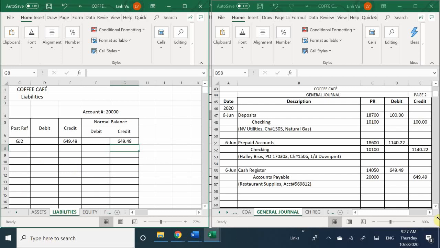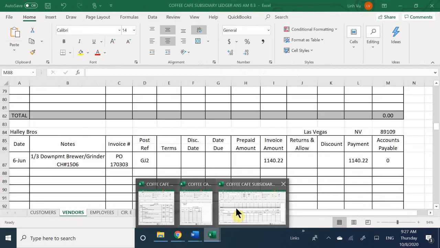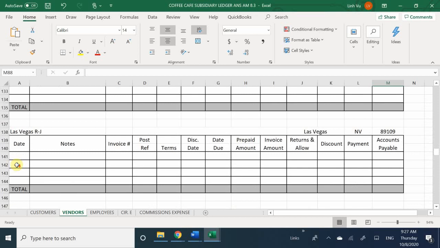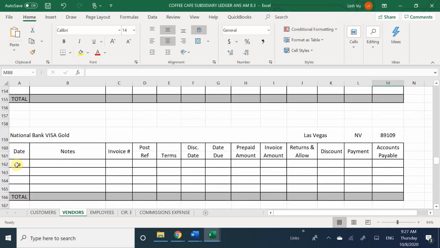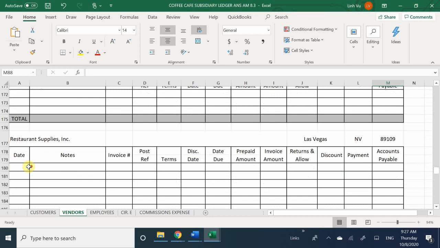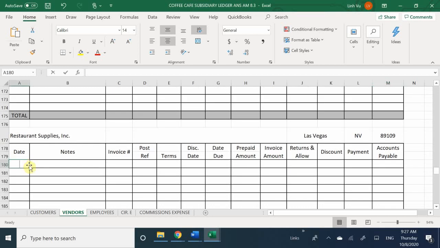So now that I completed my journal and my ledger, I'm going to go straight to my subsidiary ledger now. Okay. I'm dealing again with a vendor, so I need to go ahead and look up where I put Restaurant Supplies. Okay, here's Restaurant Supplies Inc. So on June 6th.